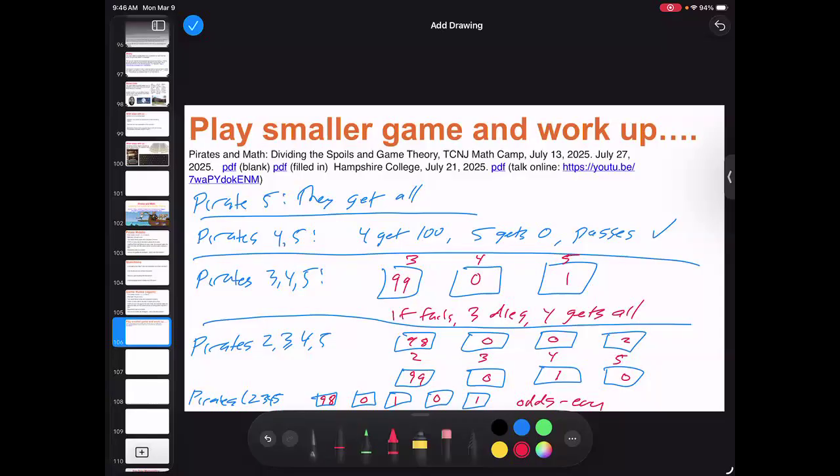Pirate 4 is not going to support any proposal from 3. So pirate 3 knows that if their proposal fails, they're killed and 4 gets everything. That means 5 has a natural incentive to support 3. The question is, how much can you extract from that?